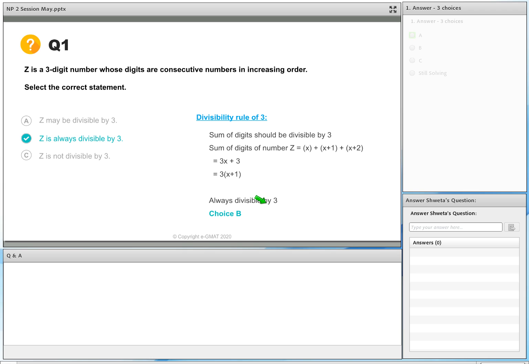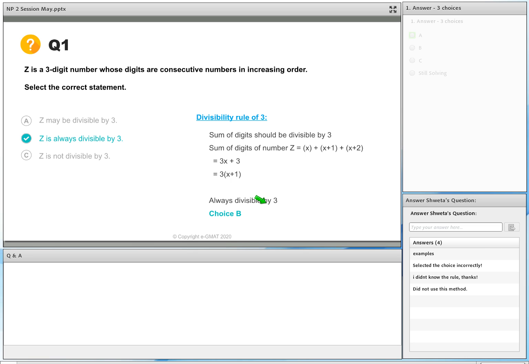Waiting for responses from 19 of you who marked option A. Why did you think it was maybe divisible? Was it because you were not sure of the concept and you just randomly marked an option? Or how did you approach this? Every single person, use every single question as something by which you learn more about yourself.